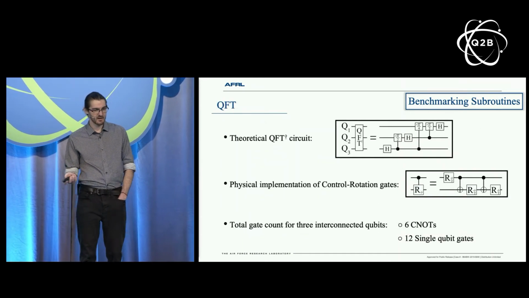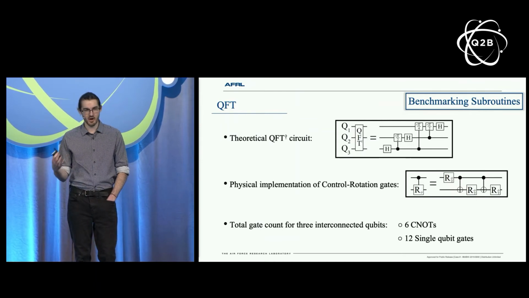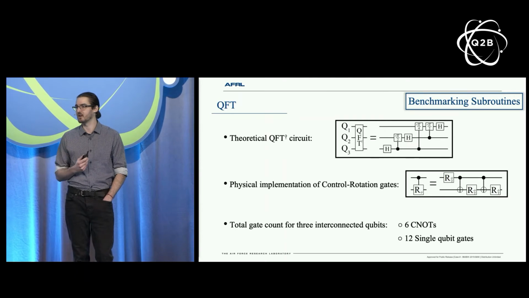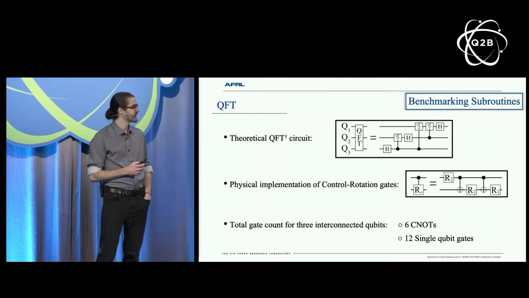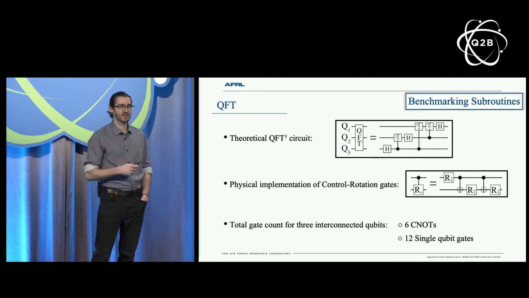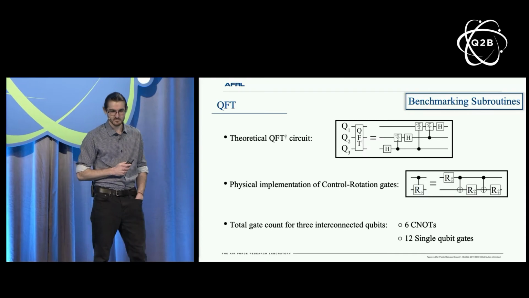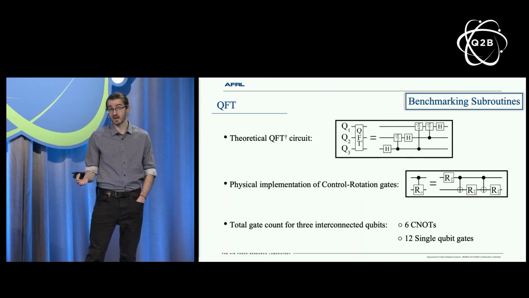Okay. The second one, QFT. QFT is another workhorse of quantum algorithms, and it always seems to come right at the end of an algorithm. It's sort of like the secret sauce, if you will. You do all these amazing things, and then like magic, the QFT just pops out the answer. But when benchmarking it, it doesn't have a concrete final state like a Toffoli gate does.